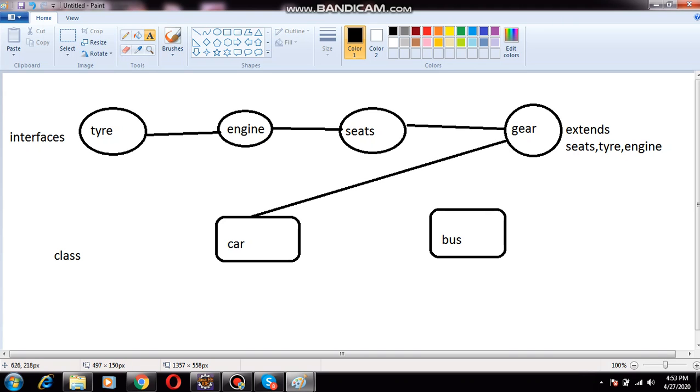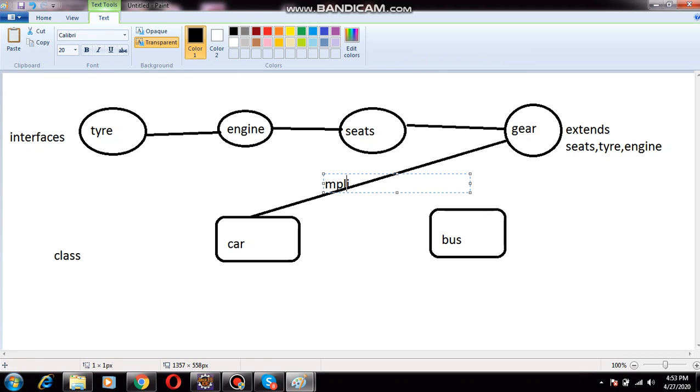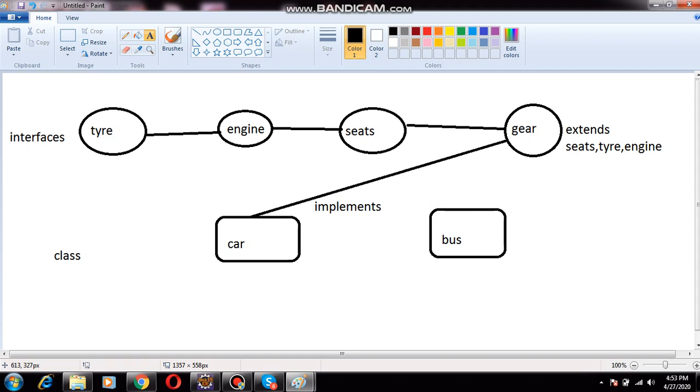Car implements gear. What does car implements gear mean? Already gear is extending seats, tire, engine, so all the properties will transfer to the car. Next, same with bus.